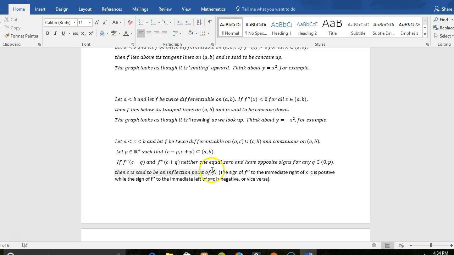Okay, so in other words, c is the point where you switch concavity. You either go from concave up to concave down, or else you go from concave down to concave up.